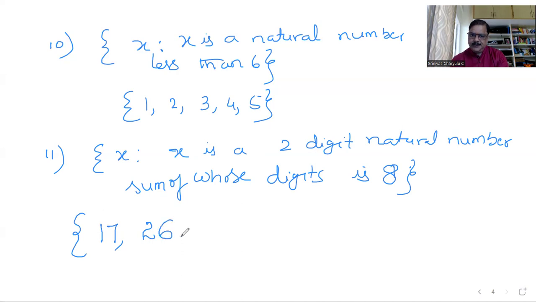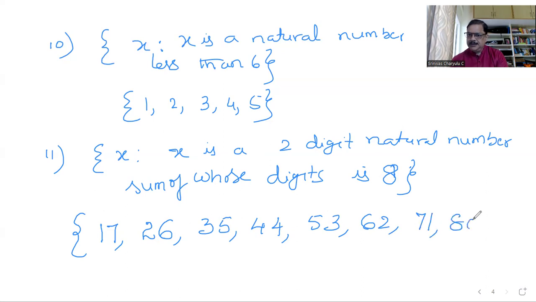With 2, 6 can give me 8. 2 plus 6, 8. 3, 5: 35 will give me 3 plus 5, 8. 4 plus 4, 8. Then 5, 3, 8. 6, 2, 8 will come. After 6, 7 and 1, 8 will come.